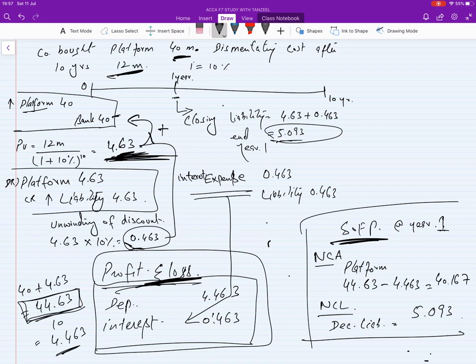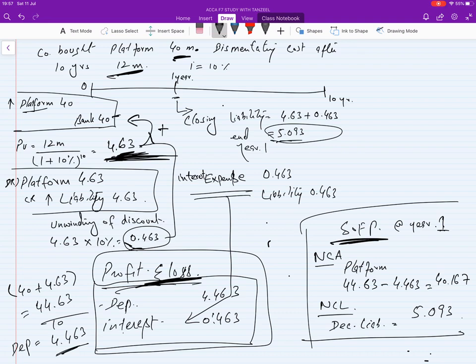This will be the total, divided by the number of years. This will give you depreciation for 1 year. So we have calculated the depreciation here, and the interest we have calculated from here. If you are discounting with 10%, then you need to unwind that discount with the same amount of interest.